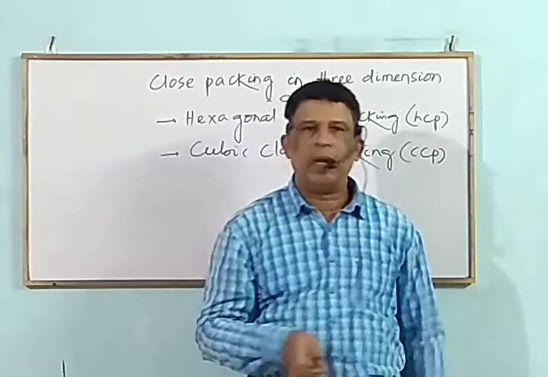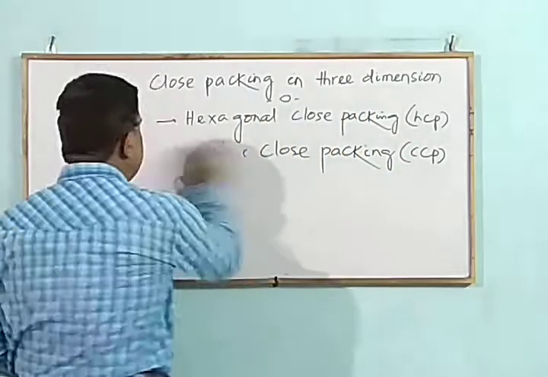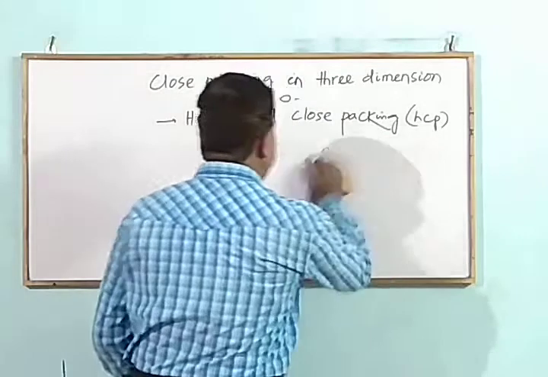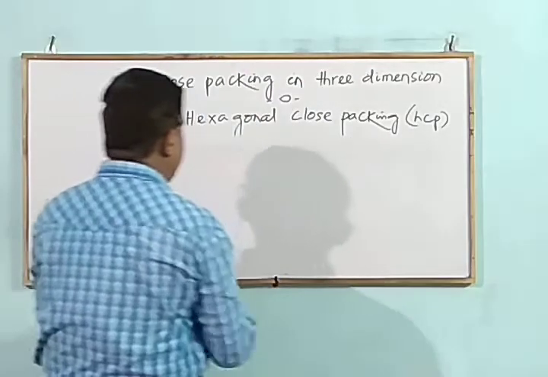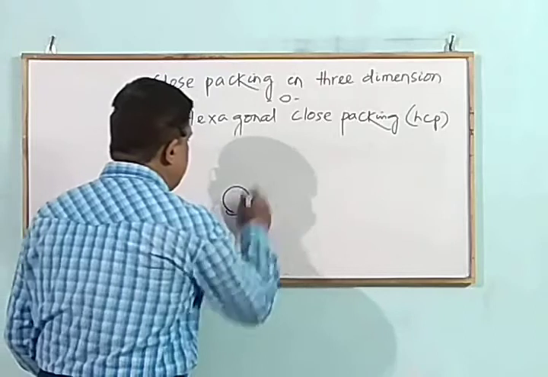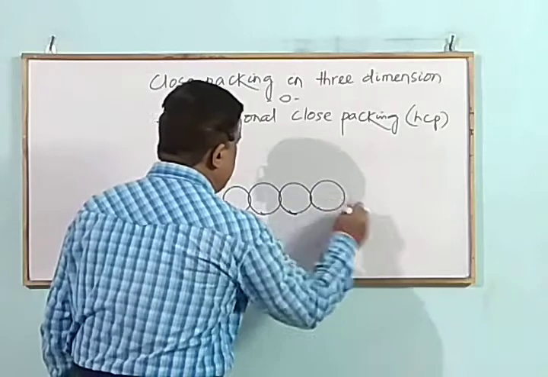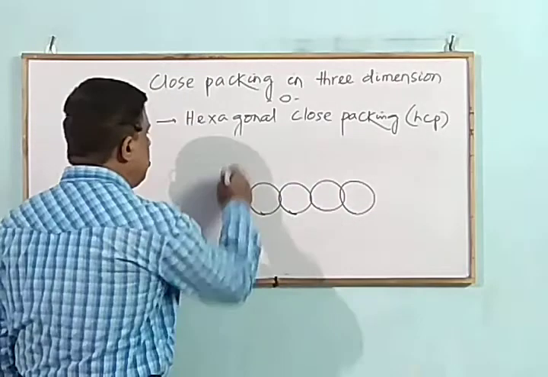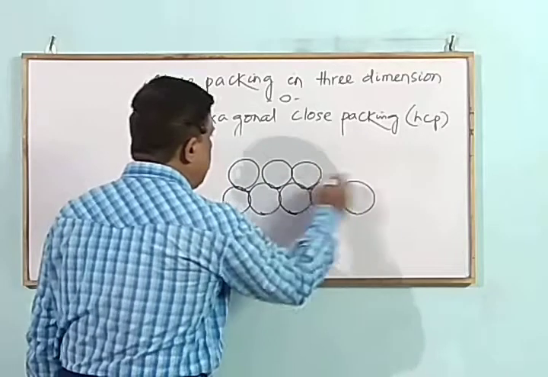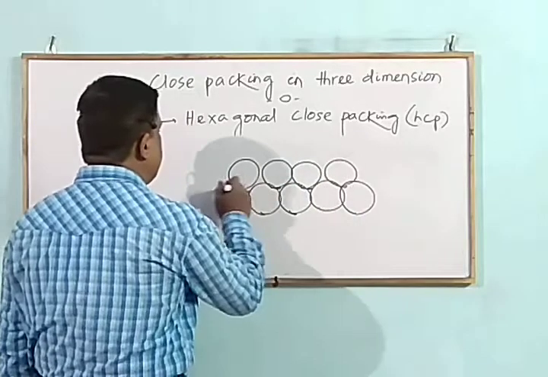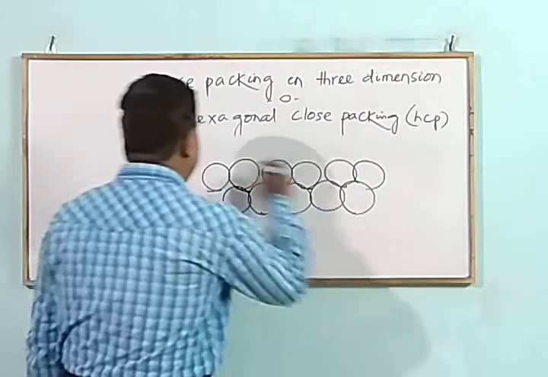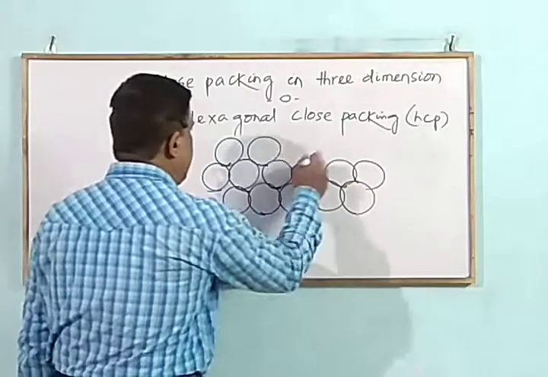are perfectly aligned with that of the first layer. Mark that. In the first one, that is hexagonal close packing, these spheres are of the first layer. This is the second layer, aligned differently. Then the third layer, mark that.